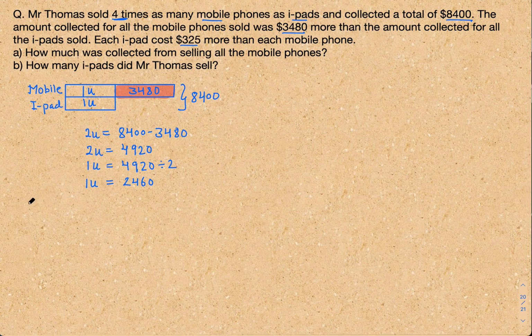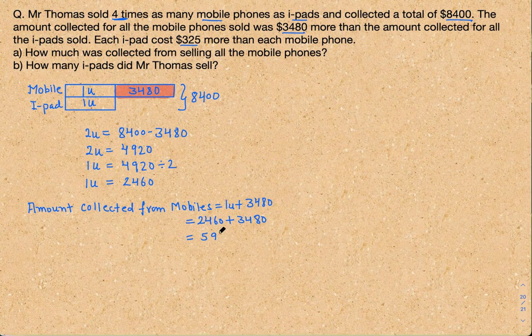So let's solve for part A. The amount collected from mobiles is equal to 1 unit plus another 3480, which is equal to 2460 plus 3480, and that will give me 5940, right?